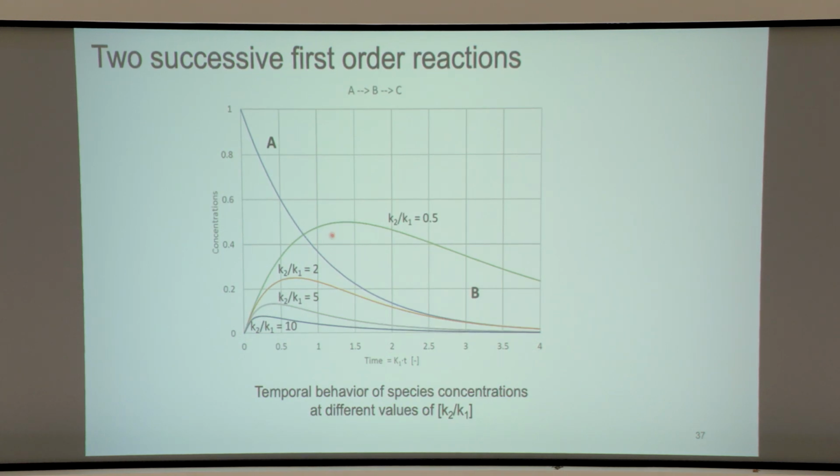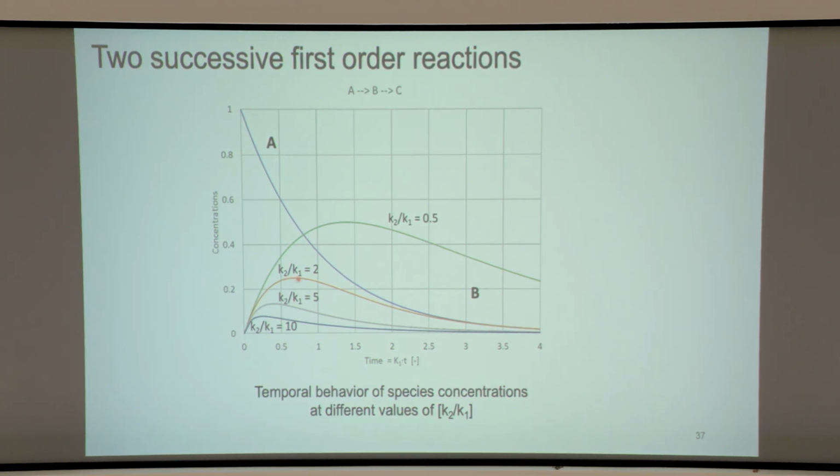But let's say K2 is smaller than K1. Let's say K2 over K1 is 0.5. So K2 is 1 and K1 is 2, let's say, so the ratio is 0.5. Then A is consumed, B is formed, but it decays at a slower rate because the second reaction is slower than the first reaction.